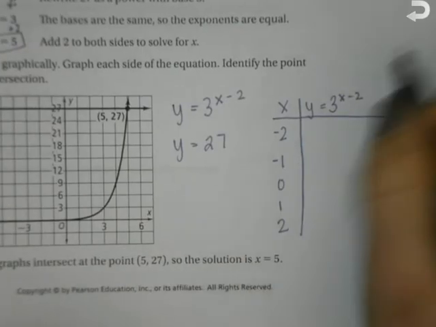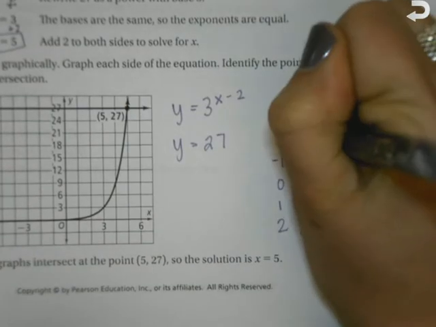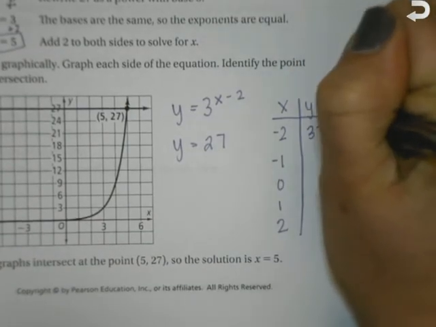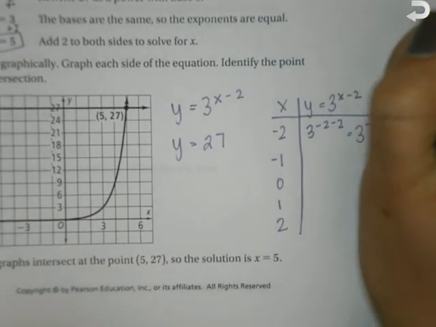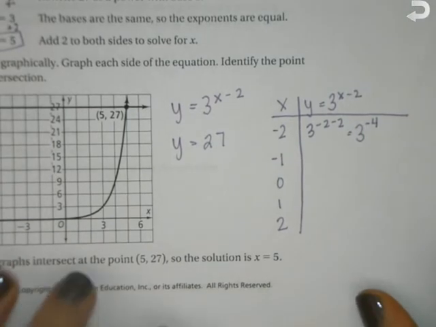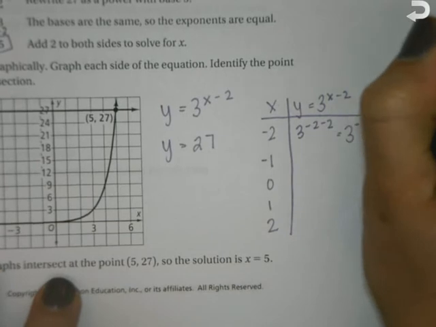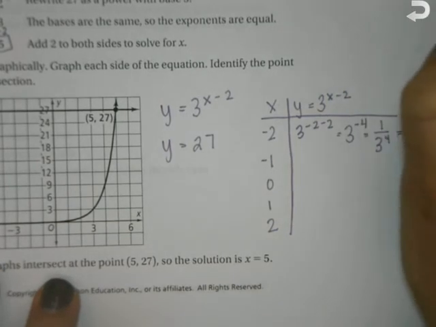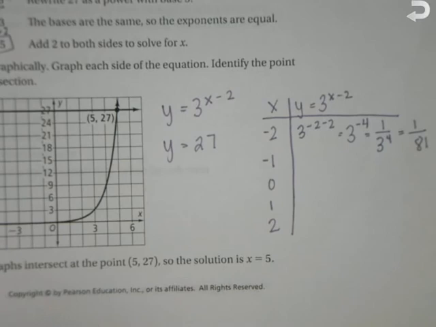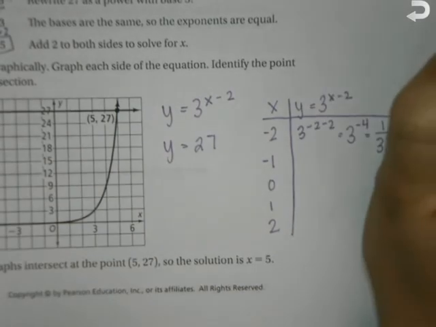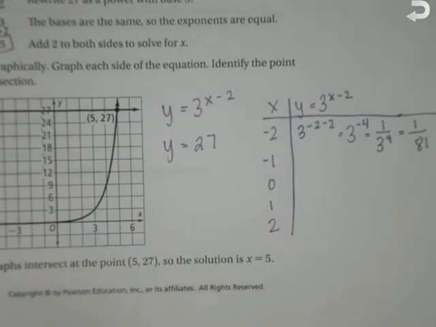If I plug in negative 2, that gives me 3 to the negative 2 minus 2, which is 3 to the negative 4, which is 1 over 3 to the 4th, so that's 1 over 81. So that's really close to the axis, huh? Okay.